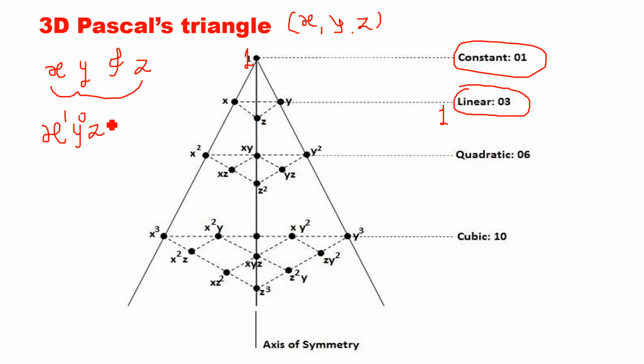This is the first option. There is one more option, x raised to 0, y raised to 1 and z raised to 0. Or the third option is x raised to 0, y raised to 0 and z raised to 1. If you look at all these three combinations, the sum of powers or degrees of these three variables is 1 in all three cases, right?